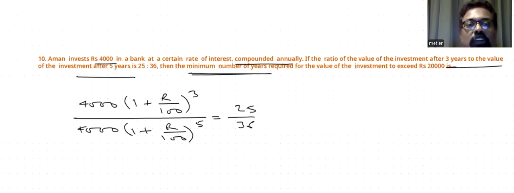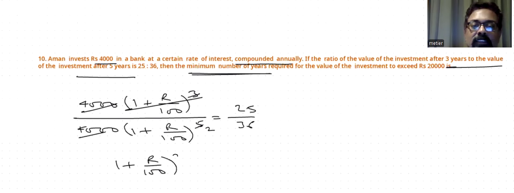Check it. 4,000, 4,000, simple calculation, and cancelled out. The power 3 is cancelled out. Now the power is 2. Now check it. 1 plus R by 100 whole square is coming as 36 by 25. Left hand side is a perfect square, right hand side is also a perfect square.